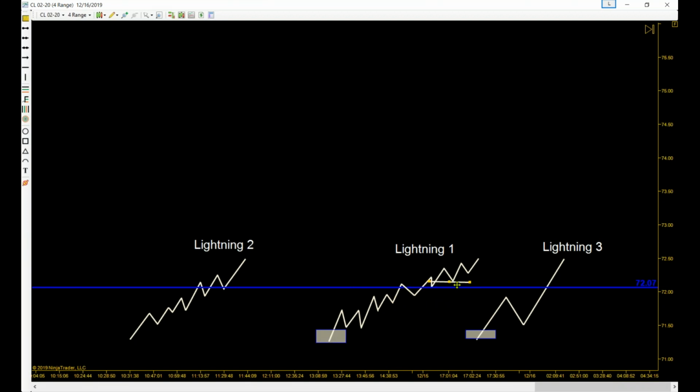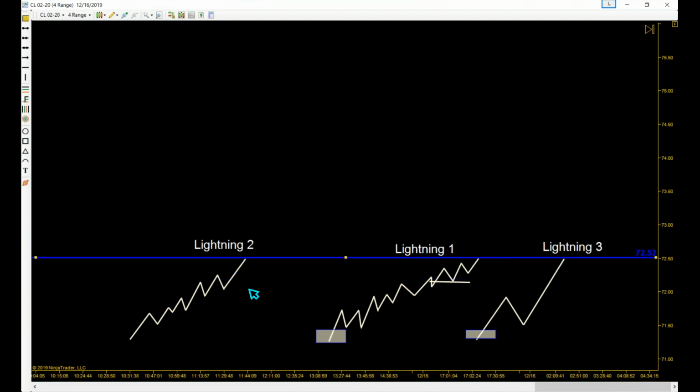But keep in mind that when they start, let's say for instance that the price had been at 72.50 overnight and you happen to hit 72.50 and we've called that as our target, and it doesn't go through it, but it hesitates at it, and then you start getting this little action right here.